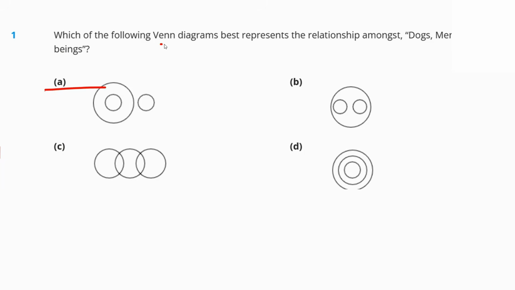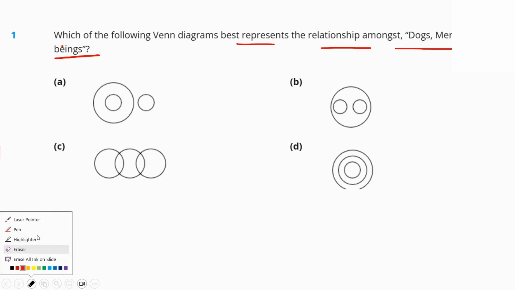Our first question is, which of the following Venn diagrams best represents the relationship among dog, men, and living being? Both dog and men are subcategories of living beings.